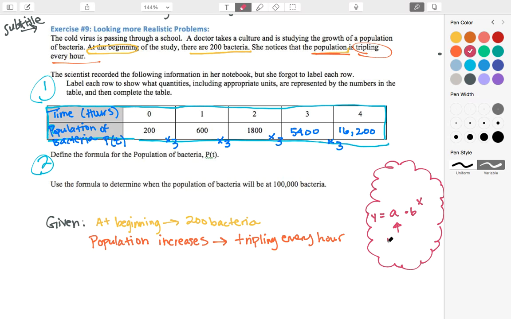And so a represents your initial value. B represents the rate that it's changing, so it's also represented as the base. And then here, this represents the time interval.